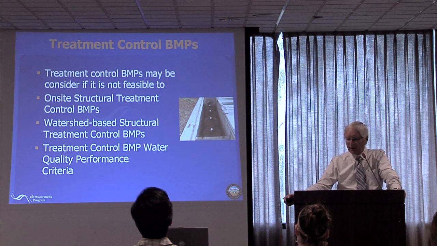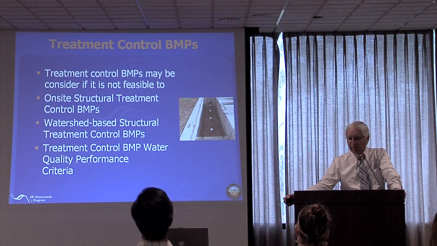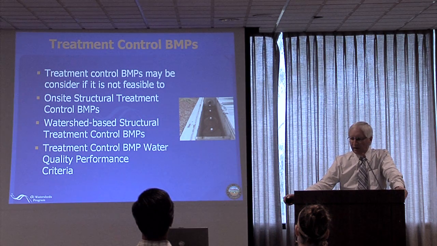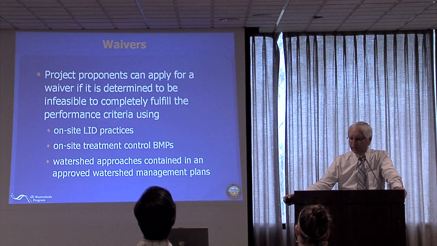Treatment control BMPs are similar to what has been around before: online street structural treatment control BMPs and watershed-based treatment control BMPs, and there are water quality performance criteria that are linked to the pollutants of concern in the water body.